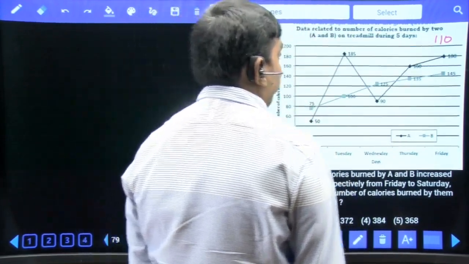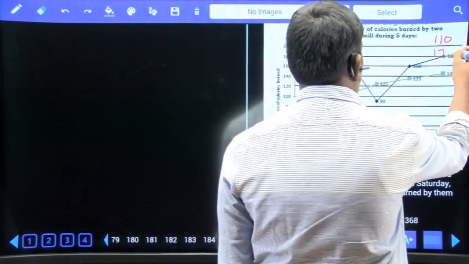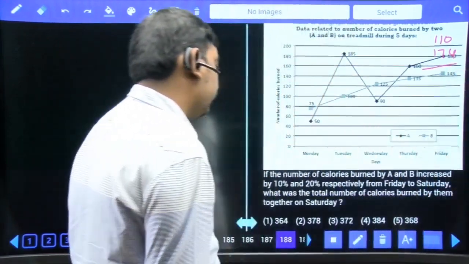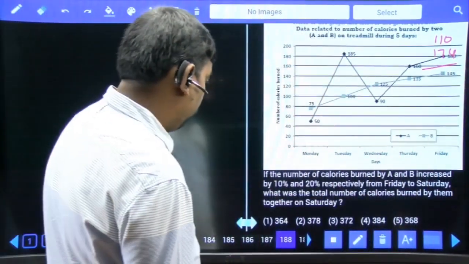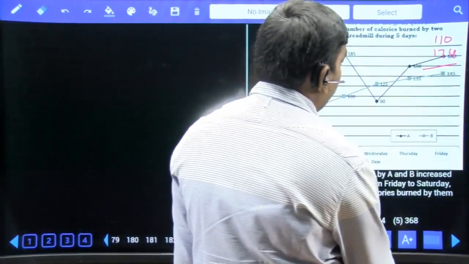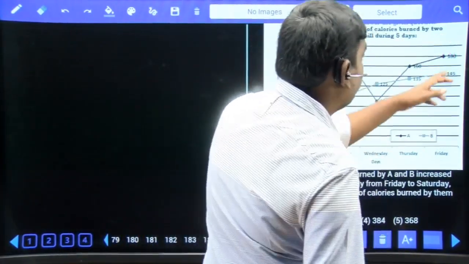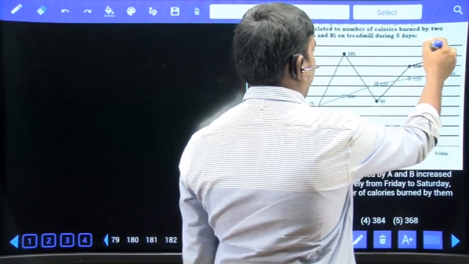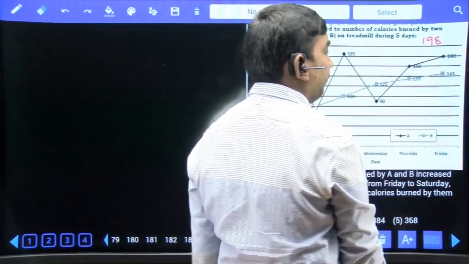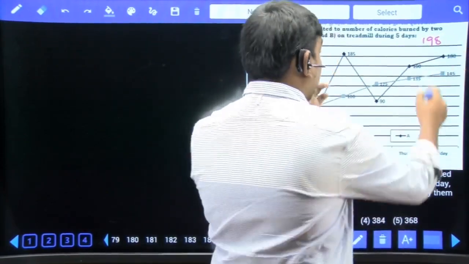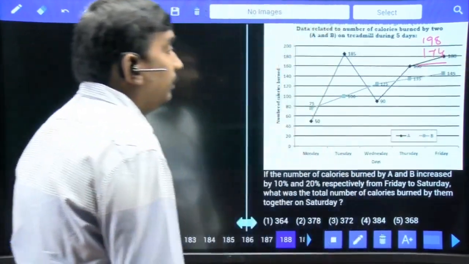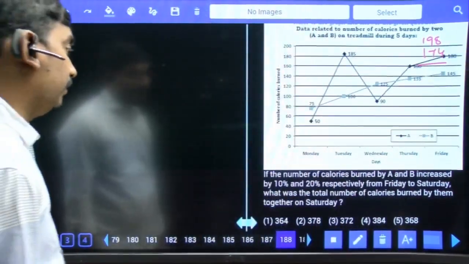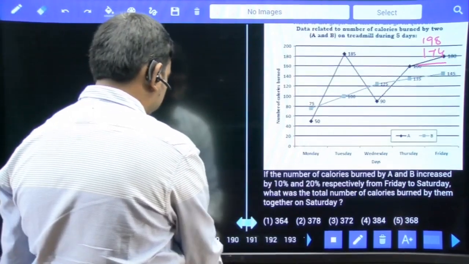So 145 plus 29 means 174. Sorry, that is 180. So 180 10% increase means 198. So 29 means 174. 200 plus 172. 372 is your answer.